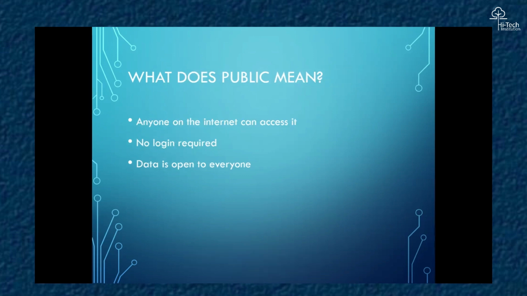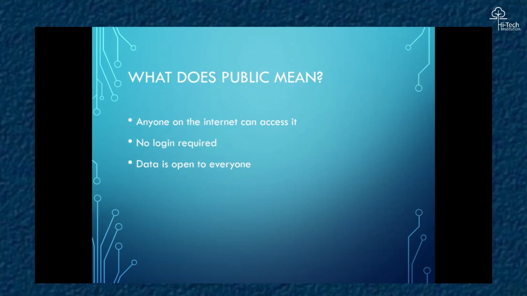What does public mean? Actually, anybody can access the blob. Blob means binary large object: whatever files or videos you upload into the storage account are considered a blob inside the container. Anybody can access that object URL.